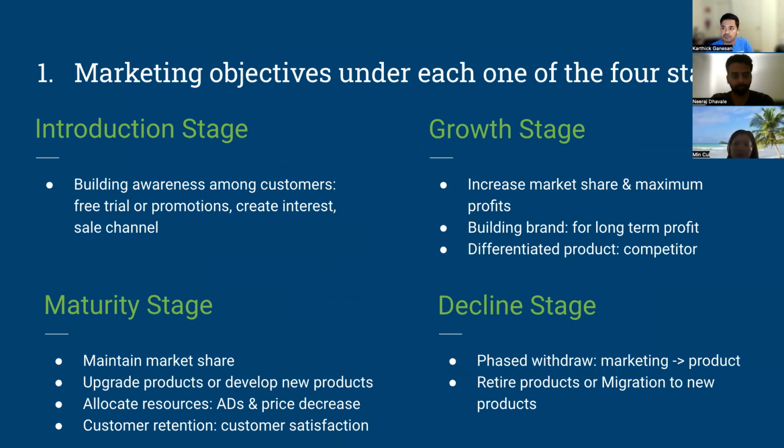We can use strategies like free trials or promotions, or other activities to create interest among customers. Let customers know there are new products in the market for their optional choices.